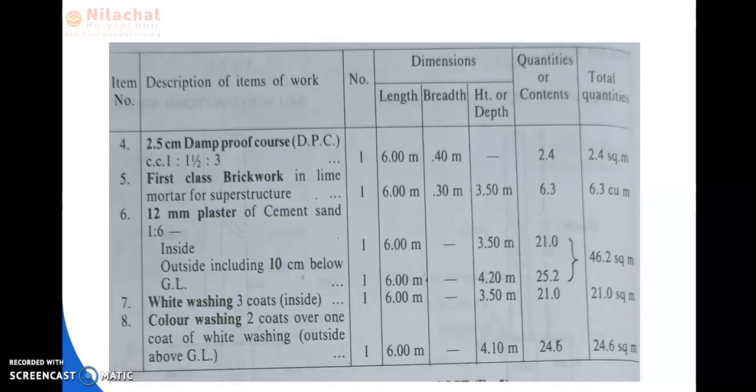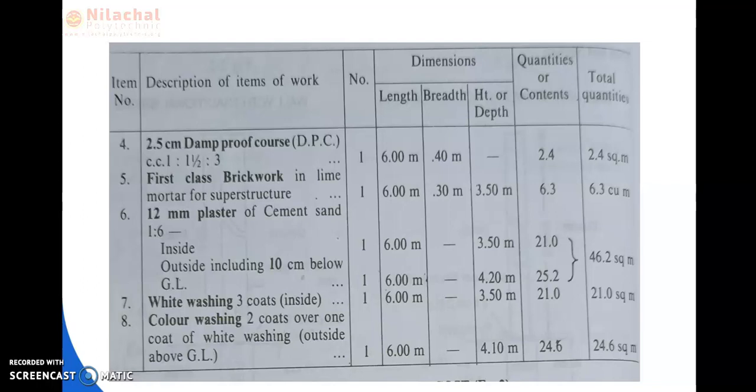First of all, for the inside, how many numbers? 1 number. We calculate for only the 6 meter wall. So the length of the wall is 6 meter, and in the plastering case no breadth is required, because for a vertical wall, to define the area of the surface, we go through length into height.